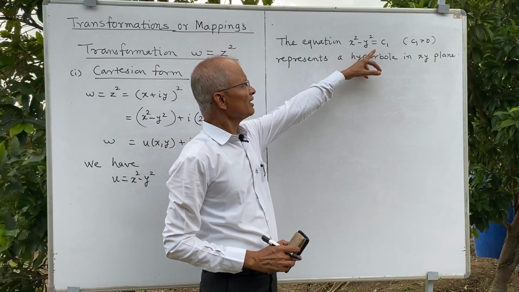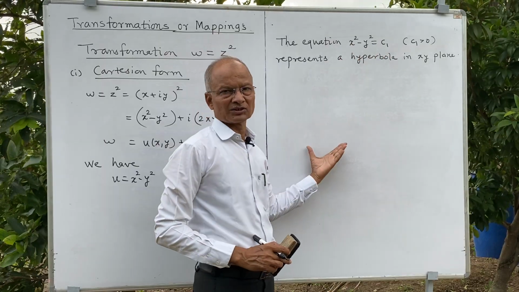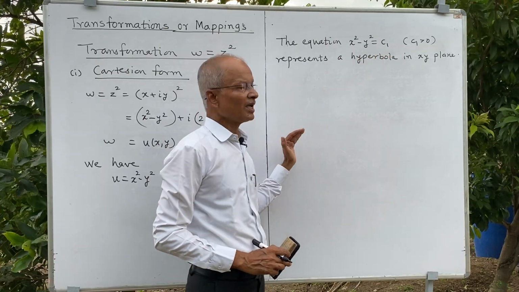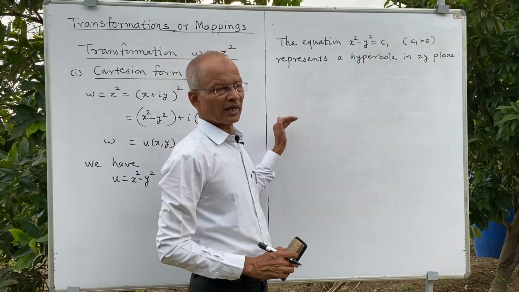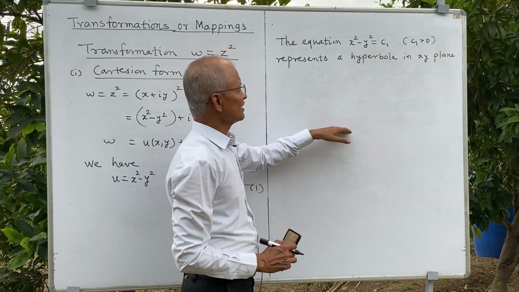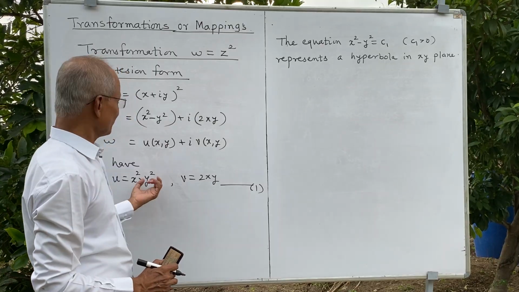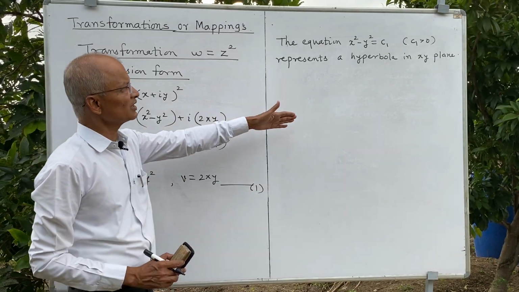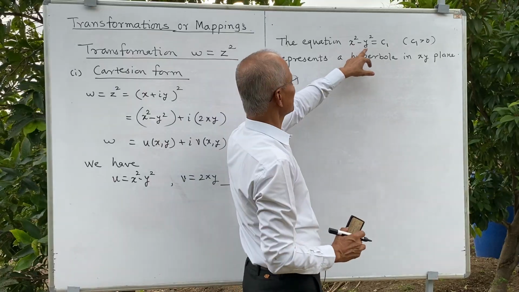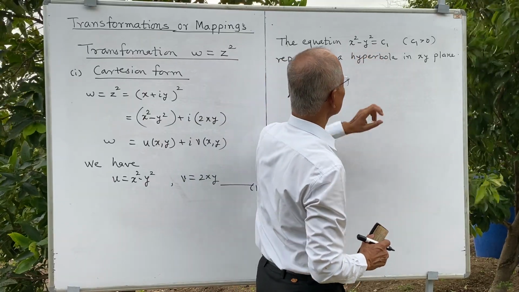So when c1 is greater than 0, it has two branches, right branch and left branch. Its major axis is the x axis. And now we will consider the image of this hyperbola. This equation will be u is equal to c1.